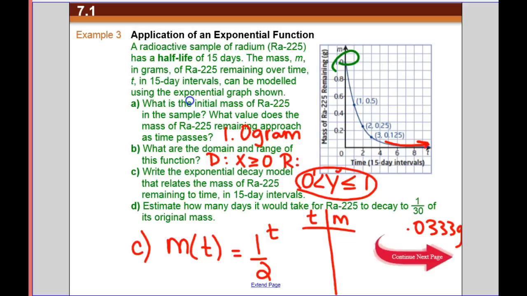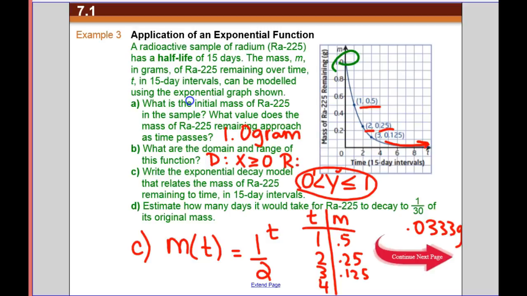When the time was 1, our mass was 0.5. When our time was 2, our mass was 0.25. When our time was 3, our mass was 0.125.